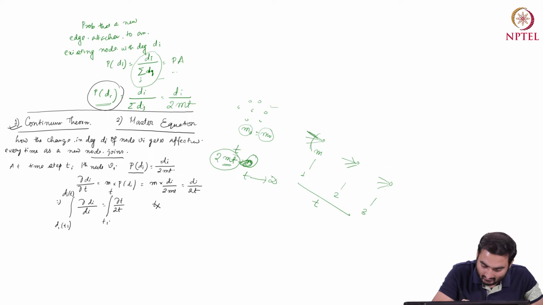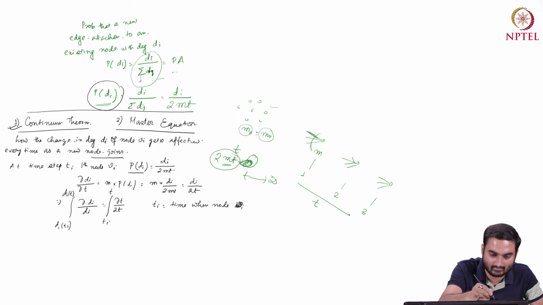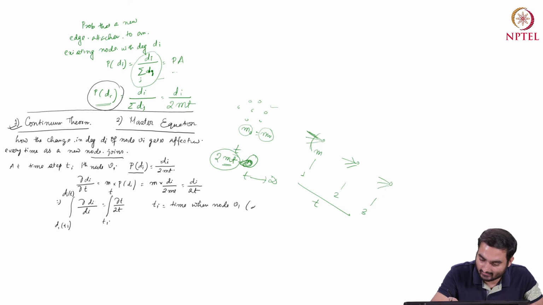So t_i is the time when node v_i, whose degree is d_i, joined the network.